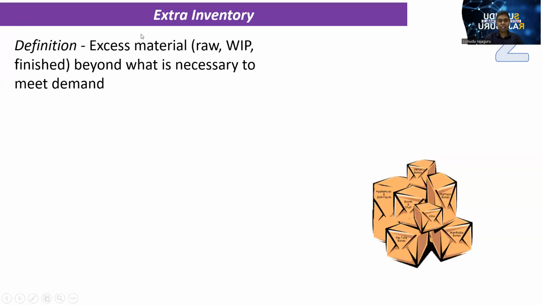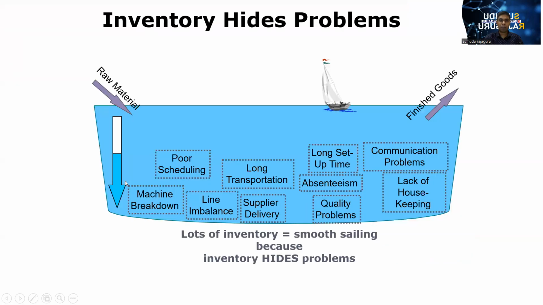The second one is extra inventory, excess material. It may be raw material, WIP, as well as finished goods, beyond what is necessary to meet the demand. Those all we call extra inventory. It is actually like the water of the sea, because when the water increases, we can't see whatever is inside the sea.